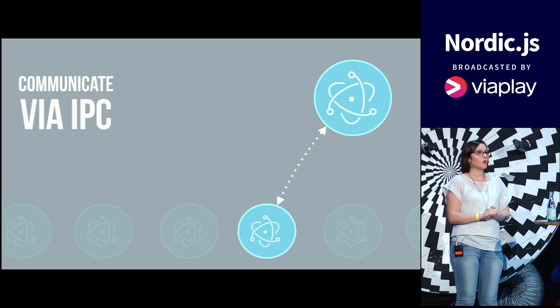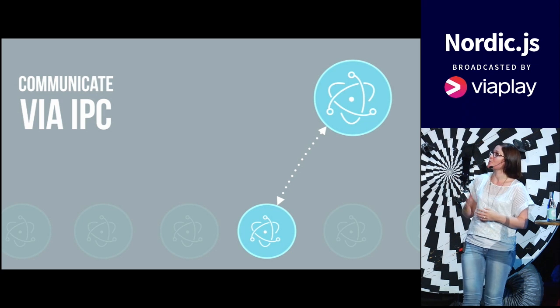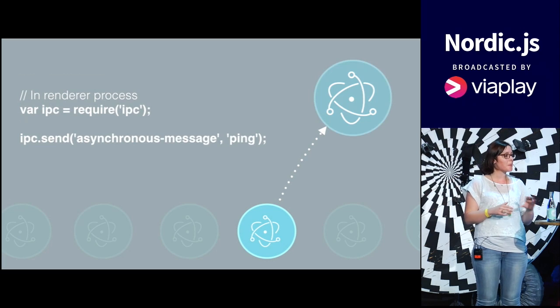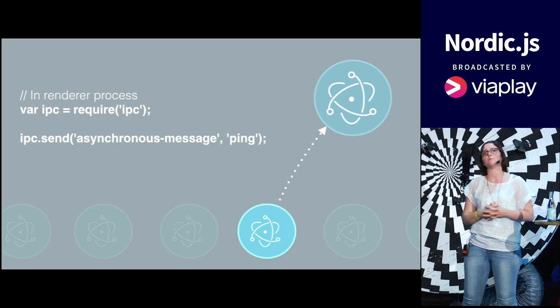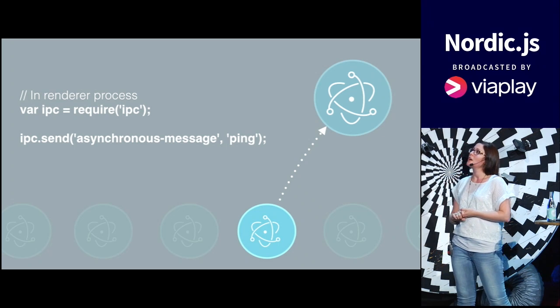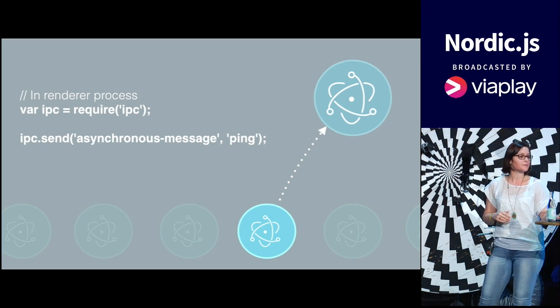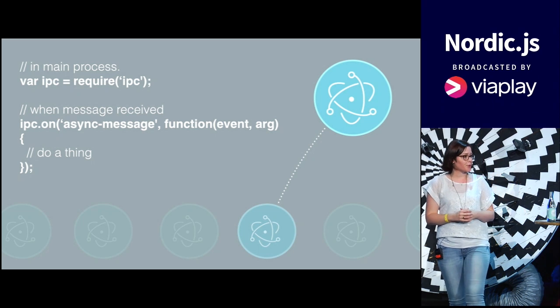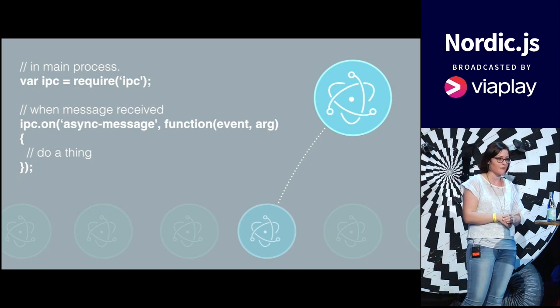We need a way to communicate between processes. And luckily, Electron is going to provide us with a mechanism to do that. You can require in your render process the IPC module, which is provided by Electron, and then you can send synchronous or asynchronous messages between processes. Inside the main process, you can easily wire up event handlers to those messages and do interesting things when you receive events.